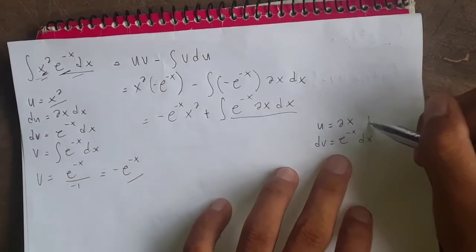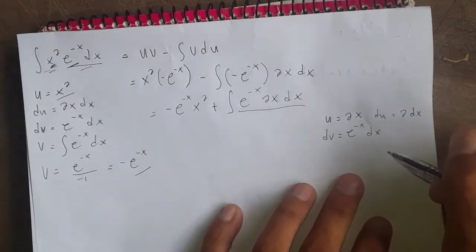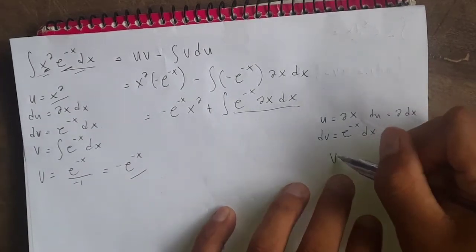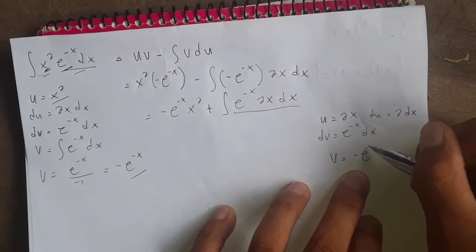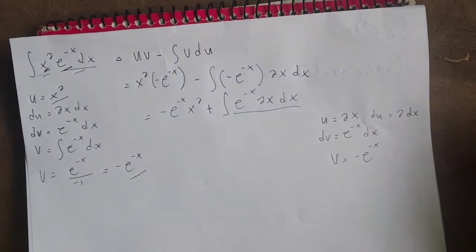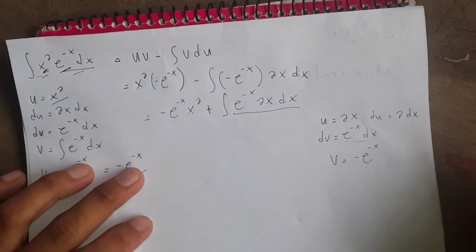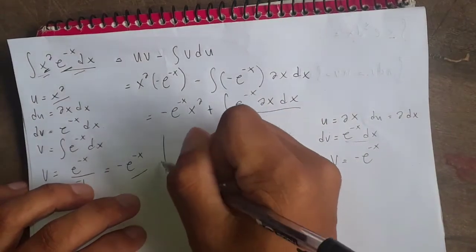So your du here is equal to 2 dx, and then your v is equal to negative e to the negative x, by integrating this function.